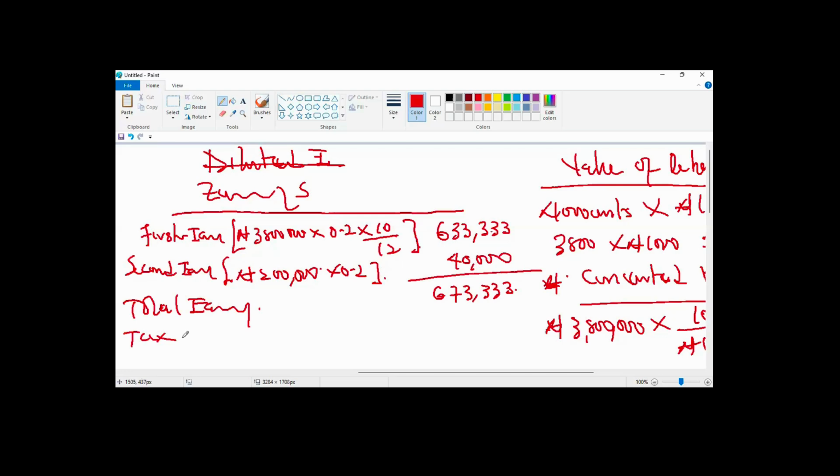Tax rate. What is the tax charge? 30% is the rate. 0.3 times 673,333.